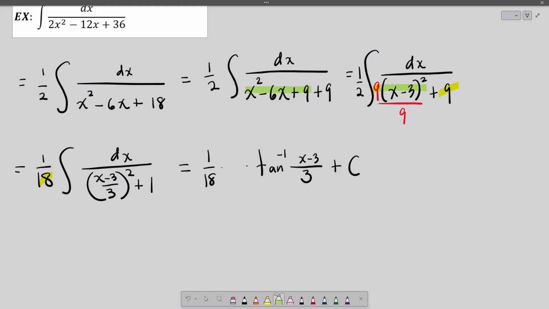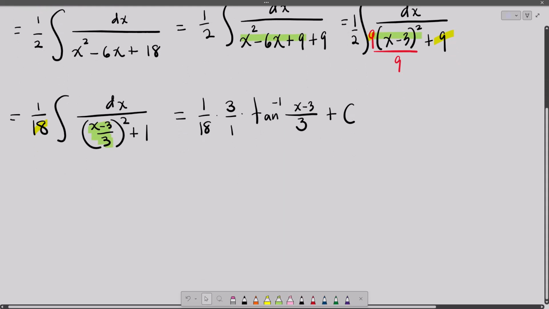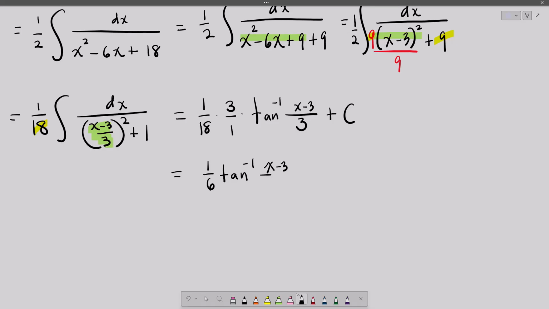And what is the derivative of this? 1/3. So we have to divide by 1/3, which is the same thing as multiplying by 3 over 1. And so our final answer is this.